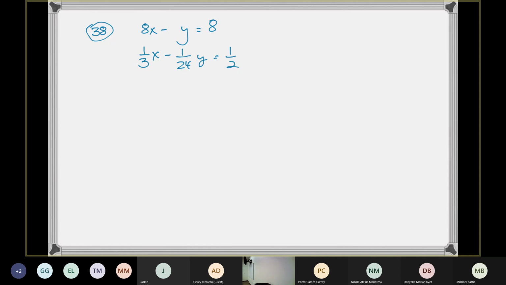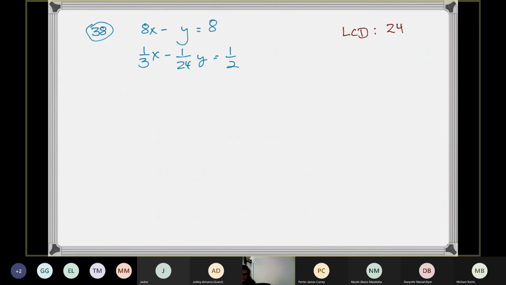What is the LCD? 24. The least common denominator in this case is 24. So the second equation, we're going to multiply everything by 24.